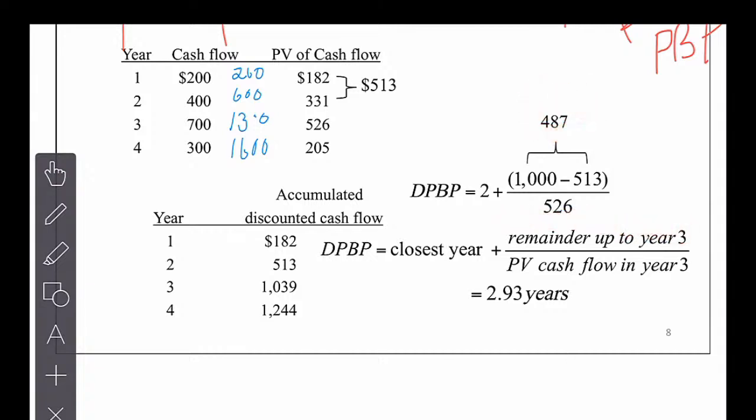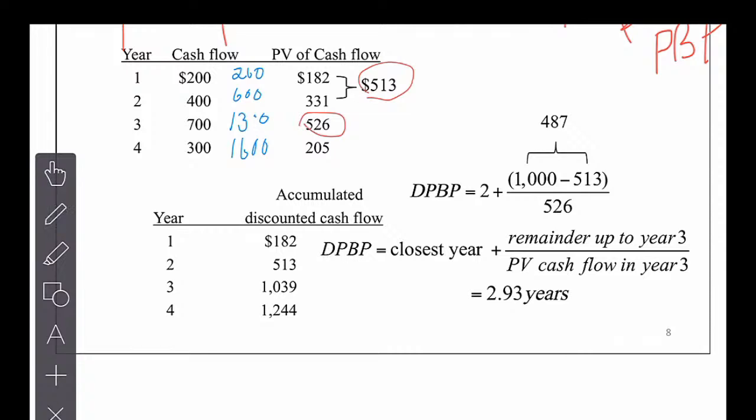And then you divide by the cash flow that occurs by the end of the third year. So you need this value, you need this value, and you need the 1,000. That makes sense, I hope.